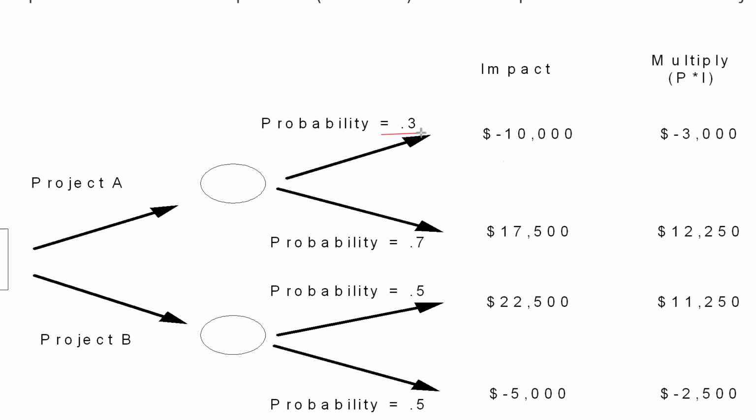There's a 0.3 probability that they may lose $10,000. Now, negative $10,000 means that is a threat. There's a 0.7 probability they can save 17.5. Now, look at the sum of probabilities. 0.3 plus 0.7 is equal to 1.